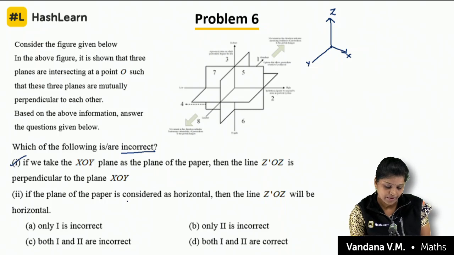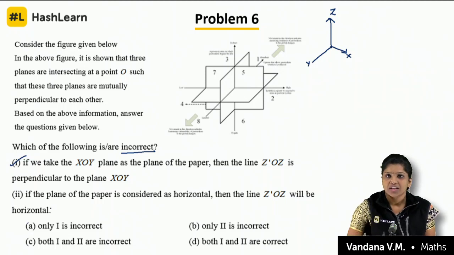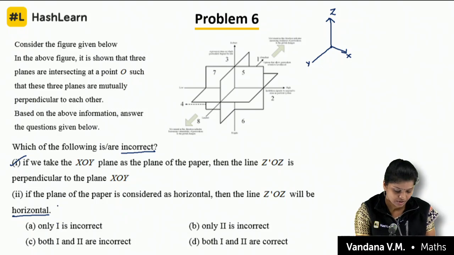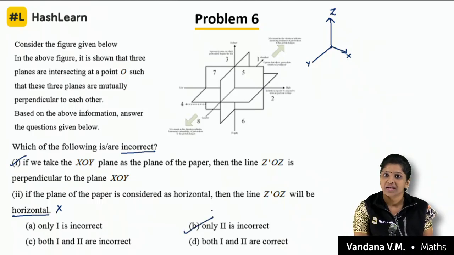If the plane of the paper is considered as horizontal, then Z dash OZ will be perpendicular to it, but they are telling it is horizontal. That means parallel. So this is incorrect. So which is the right answer? Option B is incorrect. Clear? Okay, next.